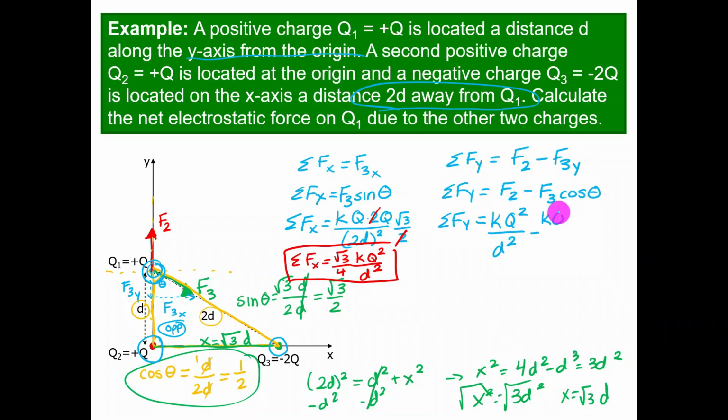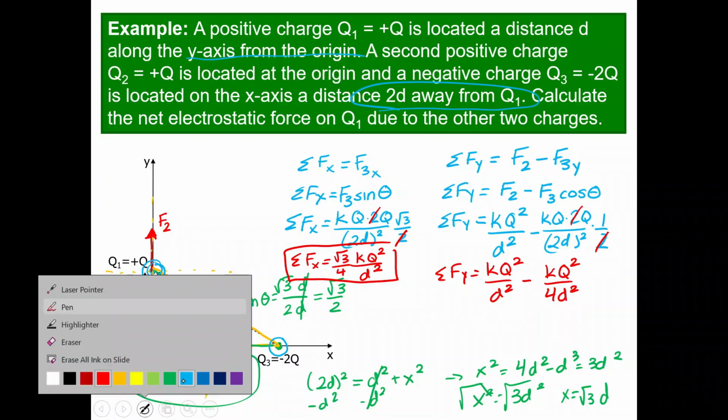So that's going to be k q times 2q over my (2d) squared. This time, cosine theta is 1/2. So we still have that the 2 and the 2 cancel over here. So we get that our net force in the y direction is kq squared over d squared minus kq squared over 4d squared.